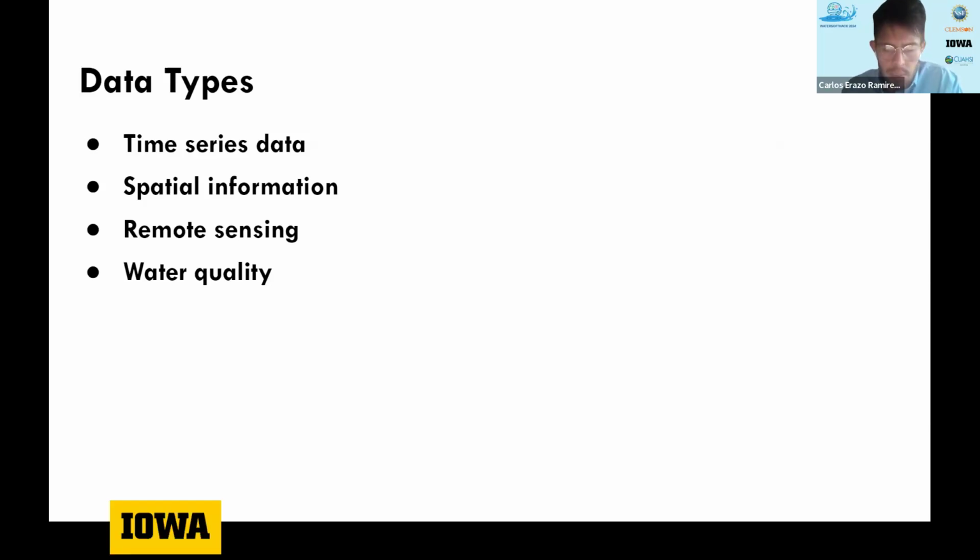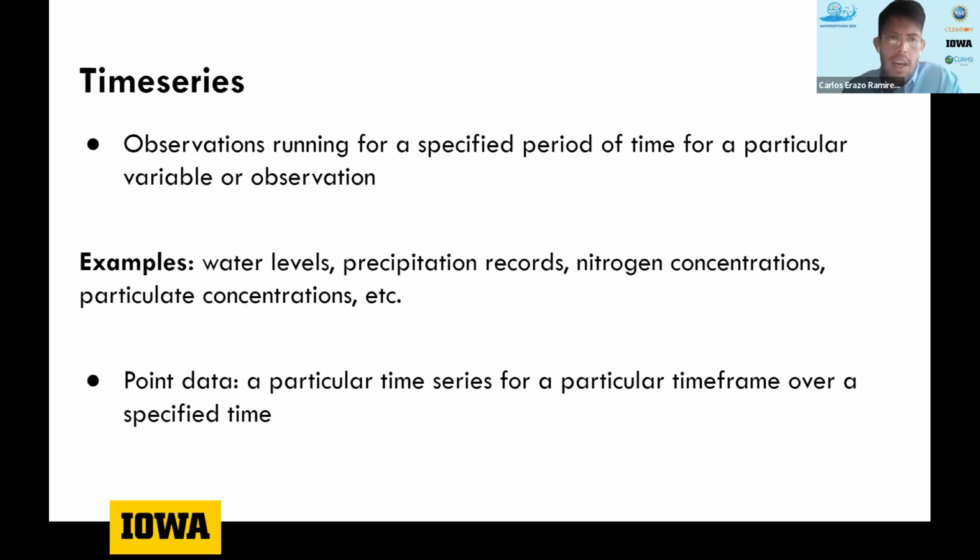So, of course, when I'm saying time series data, time series is everything, right? You have stock exchange, you have different kinds of things that are better seen through time. And that is an observation of running variables, something that you're observing continuously throughout time.